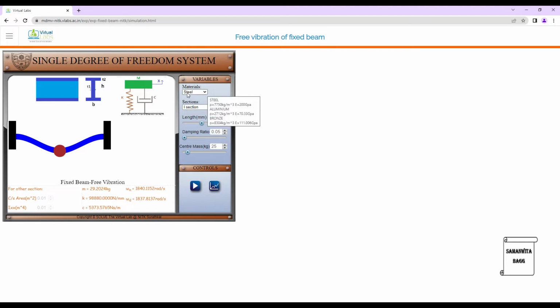Here I am choosing the material as steel. You can just slide over steel and you can see the value of E is given as 200 gigapascal. You can choose any cross section. Let me choose the cross section as circular. You can see the diameter is given as 150 mm and the value of I is given as 2485.05 centimeter raised to 4.